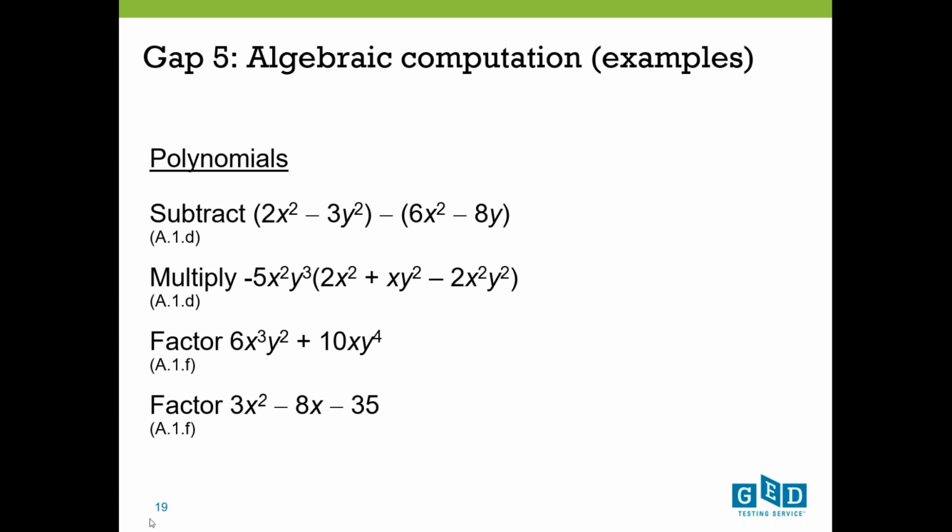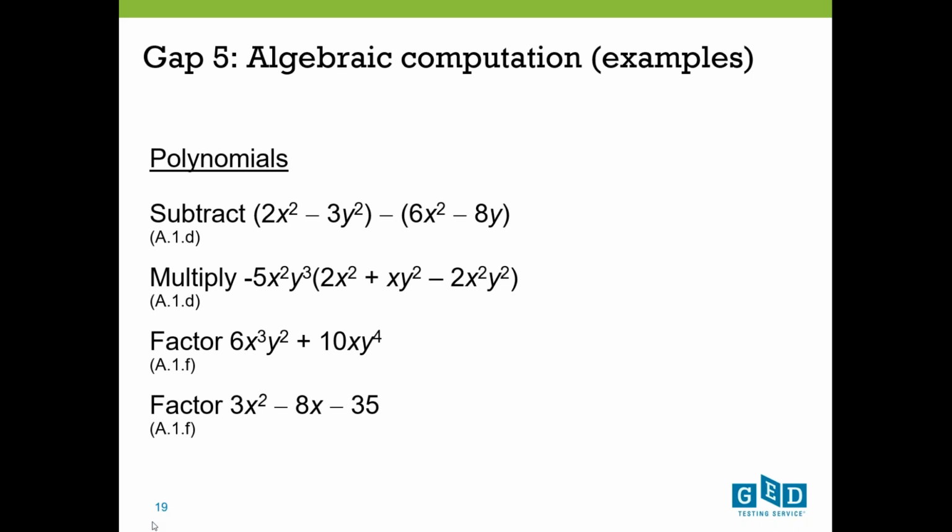The two factor items. The first one, again, similar to the one on the previous page, we can pull a 2 out of both of those coefficients, but this time we do have variables in common. We can pull a single x out of each term, and we can pull a y squared out of each term, so that the greatest common factor is 6x squared, and then multiplied by whatever is left out of each term.